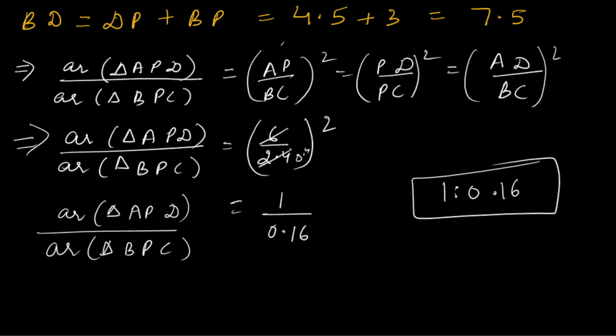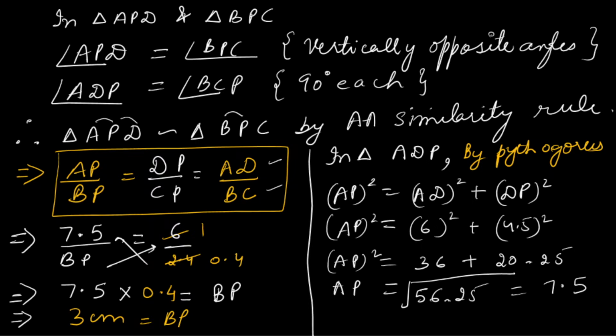If you choose AP by BC or this one, the answer should still be the same. Okay, why no responses? Okay, so the ratio is correct. And this thing I'll just see. Actually, the question has to be done by similarity. Both ways it should be the same actually.